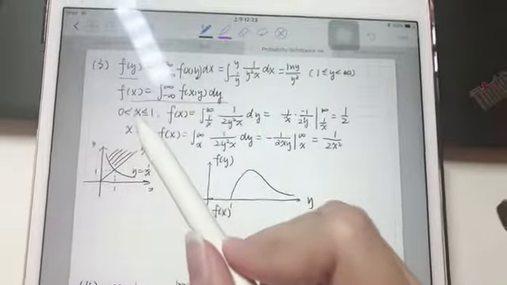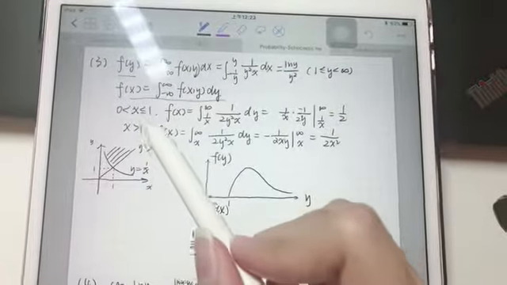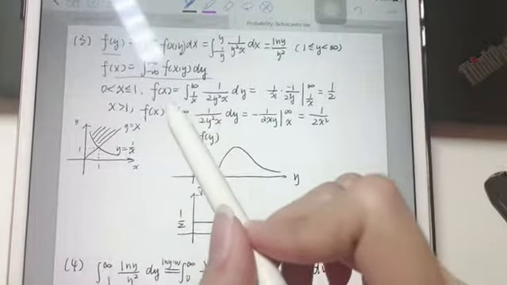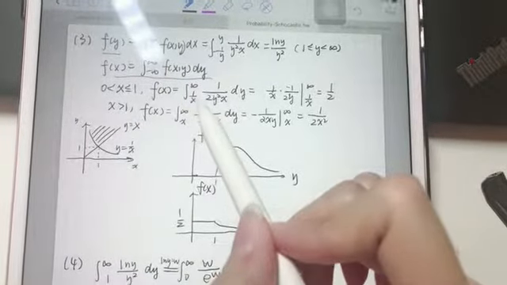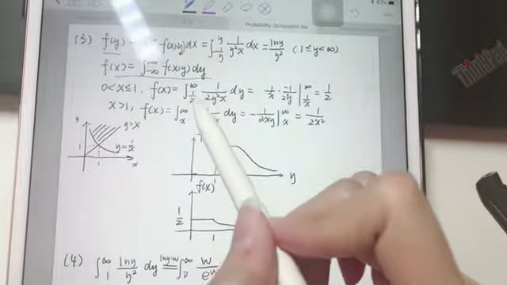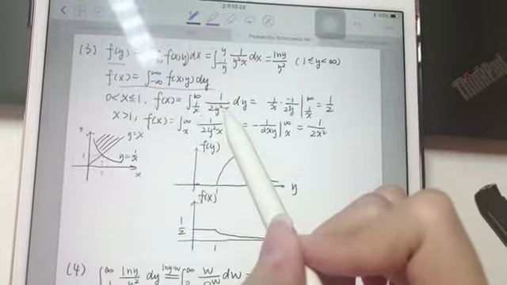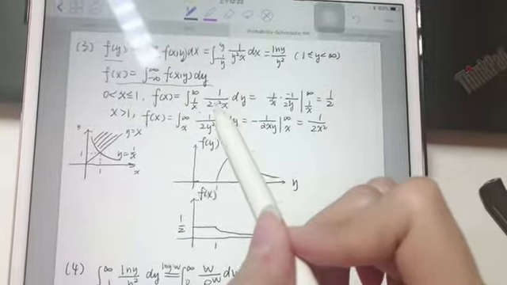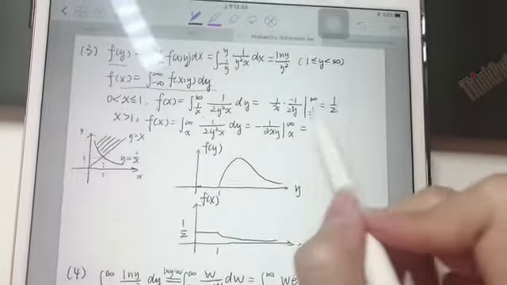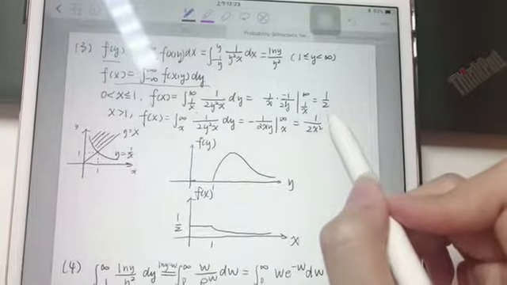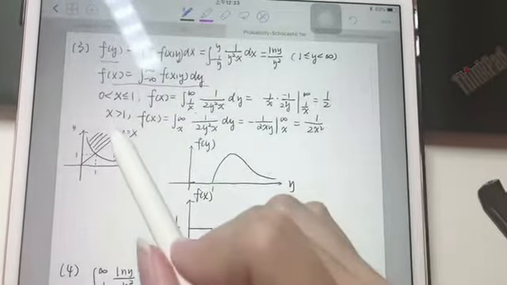When x is between 0 and 1, f_X equals the integral from 1 divided by x to infinity of f(x,y) dy, and calculating it, we can get the answer 1 divided by 2.